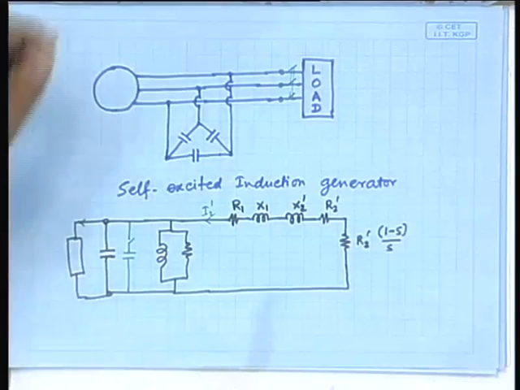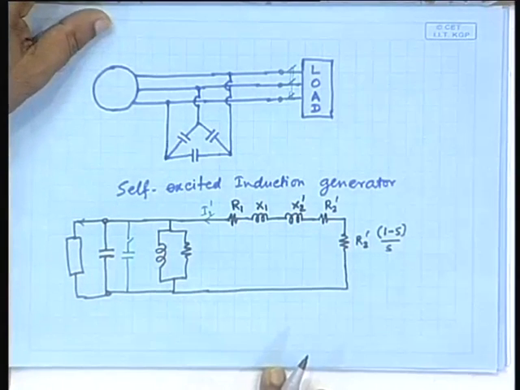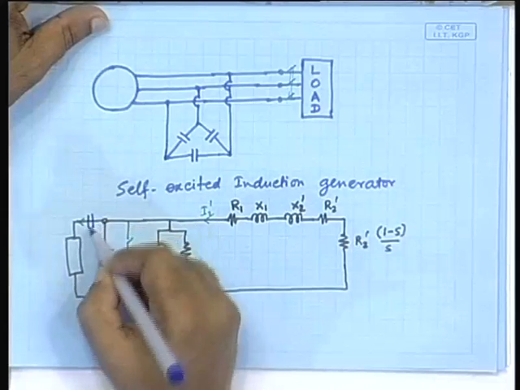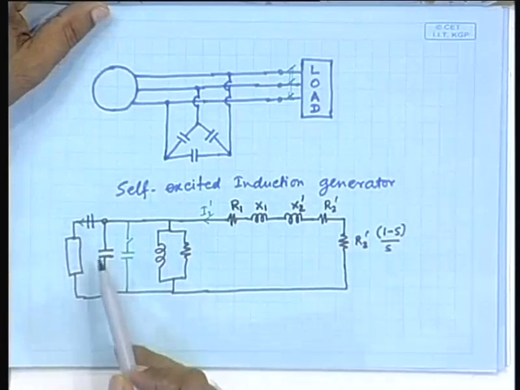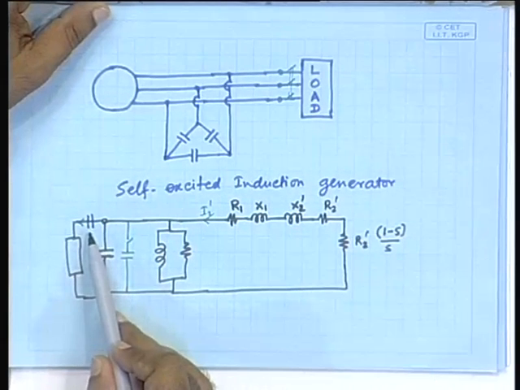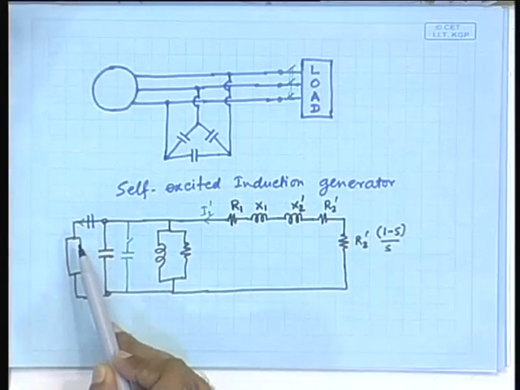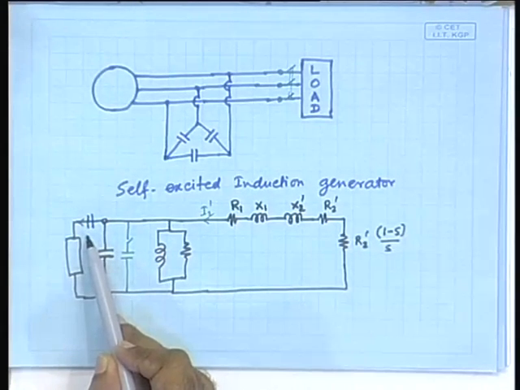In some cases, people also connect series capacitances here to overcome this problem. Series capacitances means the amount of reactive power generated by that capacitance will be dependent on the load current, because it is connected in series.